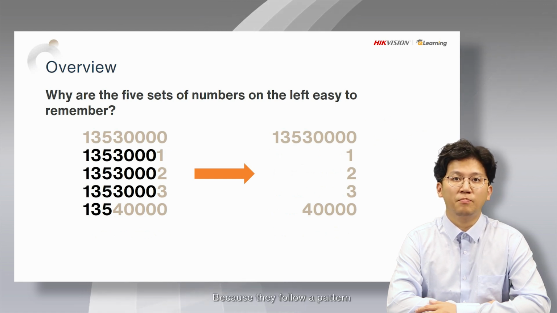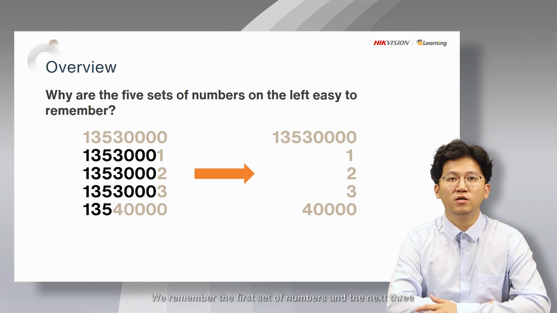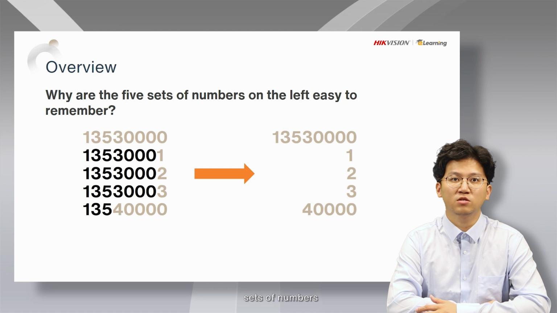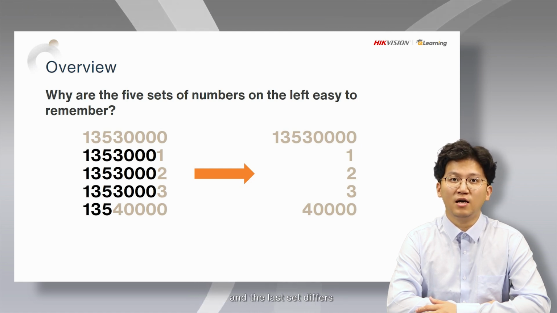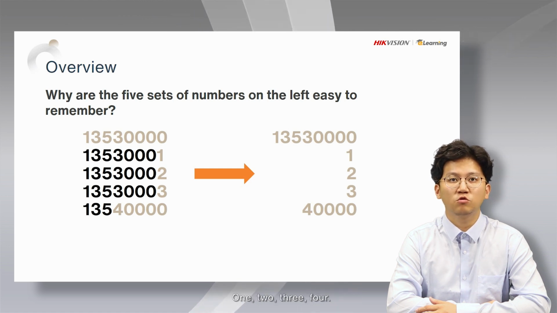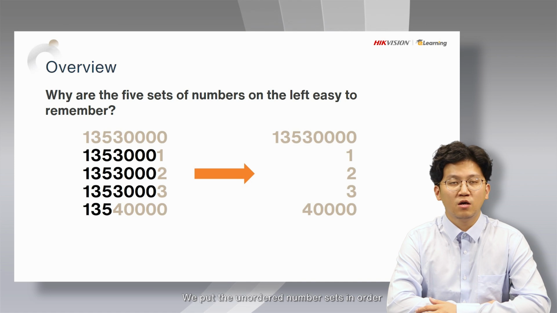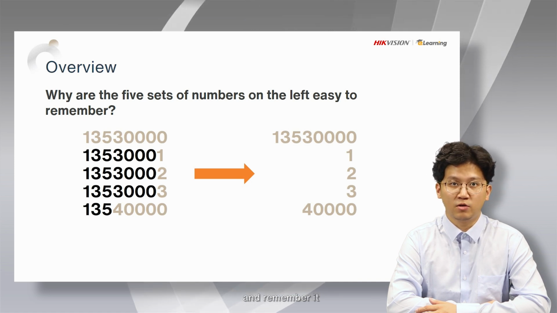Because they follow a pattern. The first set of numbers and the next 3 sets differ only by the last digit, and the last set differs only by 1 digit. 1, 2, 3, 4, right? We put the unordered number sets in order and remember them.